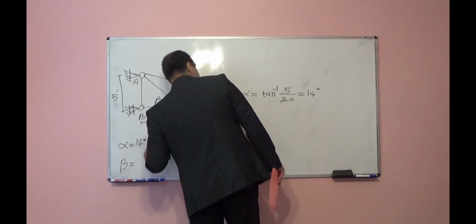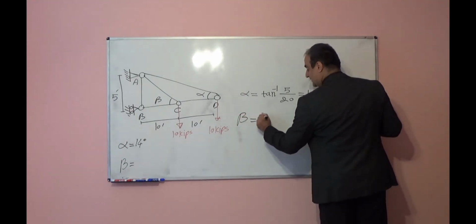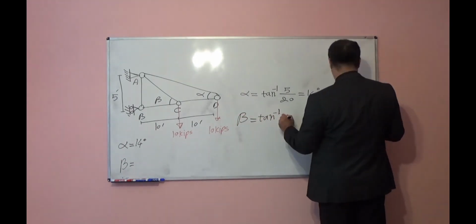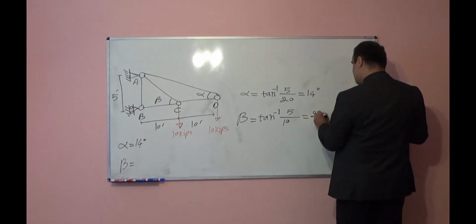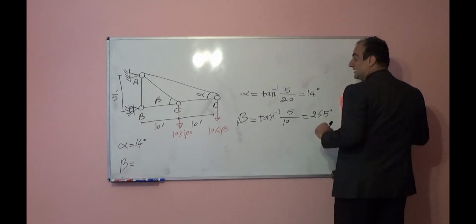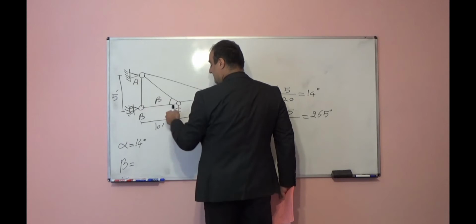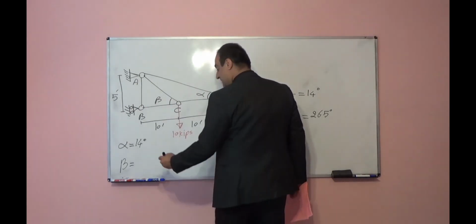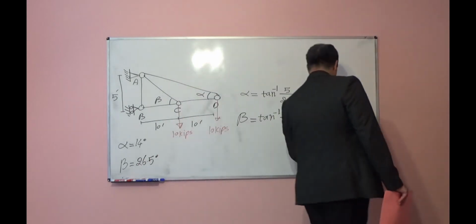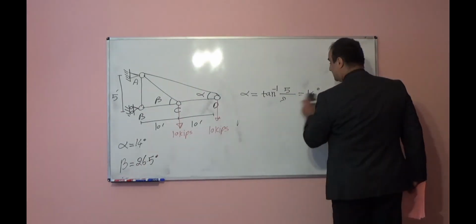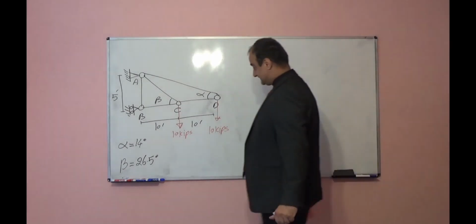Beta will be equal to the inverse tangent of 5 over 10. That will be 26.5 degrees. Tangent beta in this triangle is equal to 5 divided by 10, roughly 26.5 degrees.